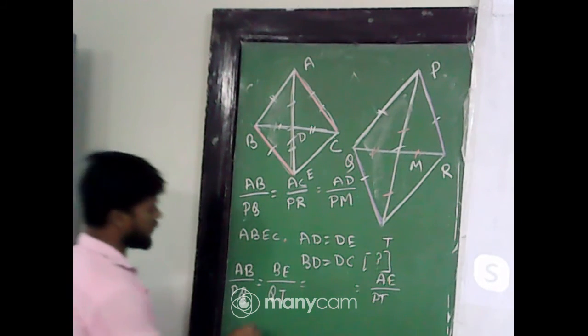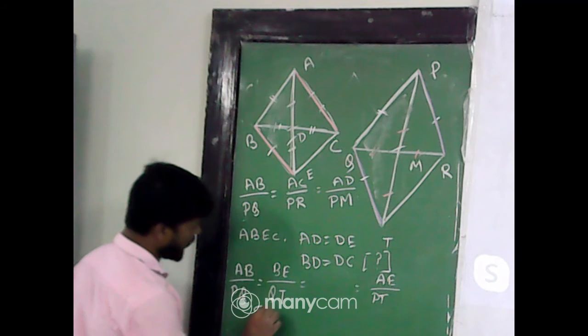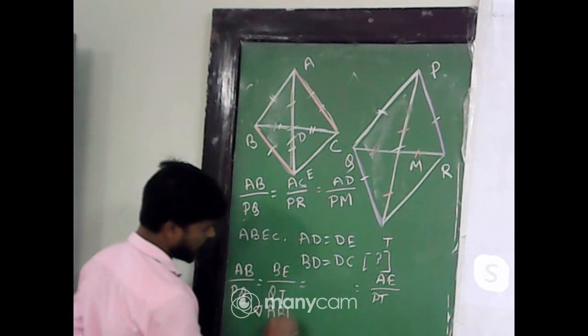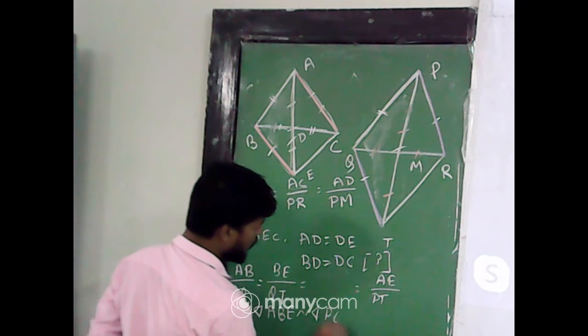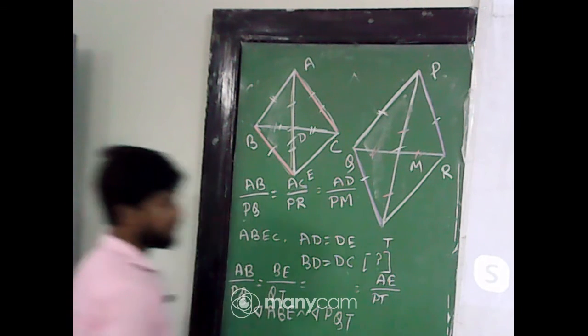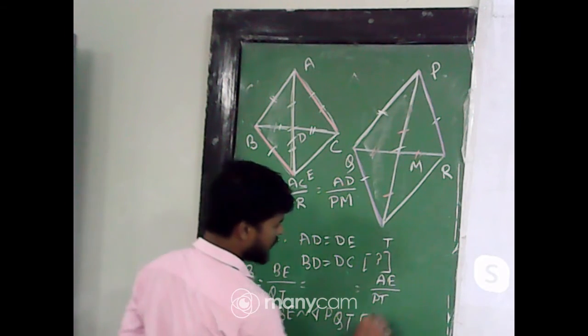That means we can say that the triangle ABE is similar to the triangle PQT by the SSS criterion.